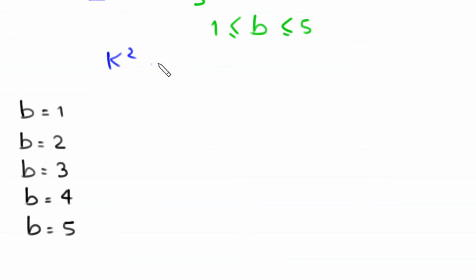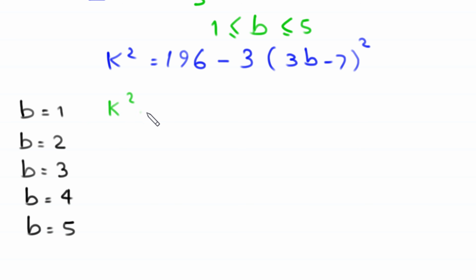k squared equal to 196 minus 3 times (3b minus 7) whole squared. When b is 1, then k squared will be equal to 196 minus 3 times (3 minus 7, which is negative 4) whole squared.